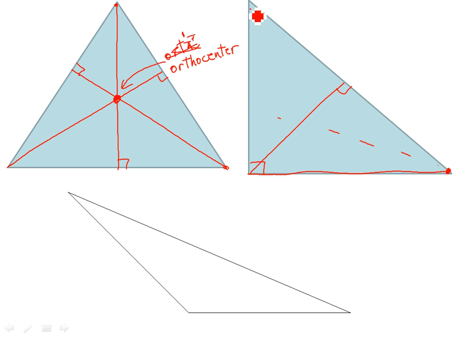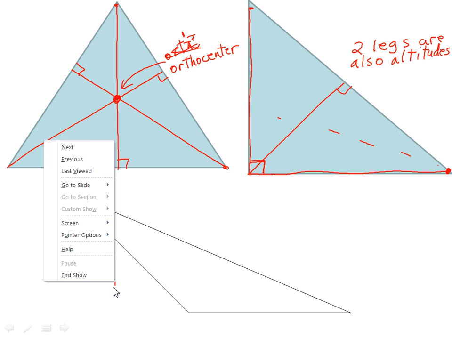And if I do the same thing from this top vertex, same idea. It's going to form a right angle right down through there. So in a right triangle, the two legs are also altitudes.